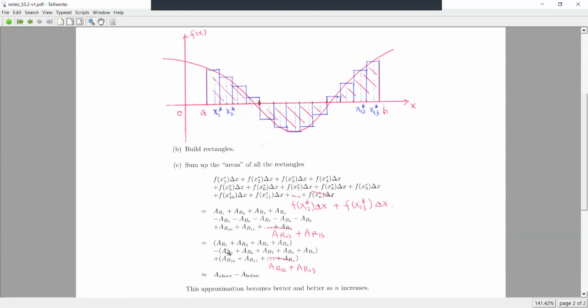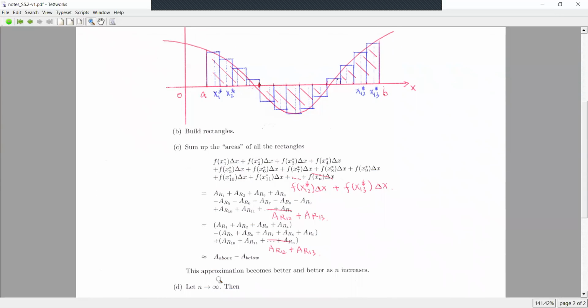The summation of these areas roughly is the area of the region below the x-axis. So minus A below. A below means the total area below the x-axis. So the summation of the areas of all the rectangles roughly is the total area above the x-axis minus the total area below the x-axis.